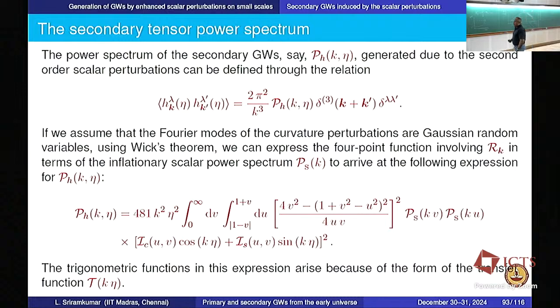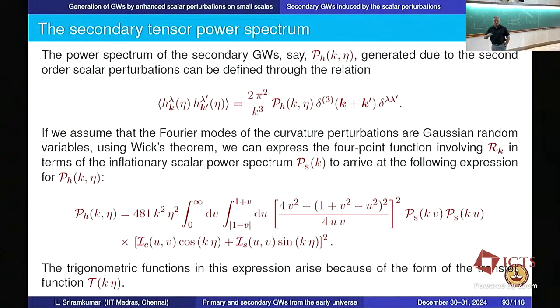Now remember, as I mentioned in the context of primary gravitational waves, if you are interested in scales much larger than KEQ, about 10 to the power minus 4 per megaparsec, they are well inside the Hubble radius at early times. And that is what causes these oscillations here.